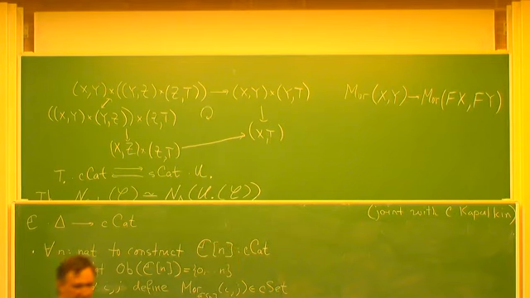So I need to define a cubical set for each pair ij between 0 and n.